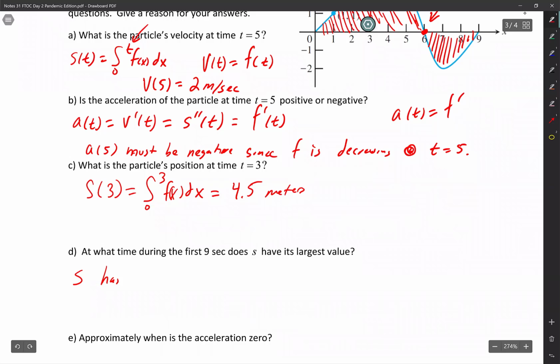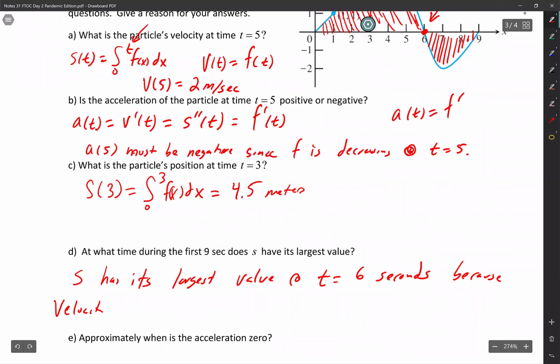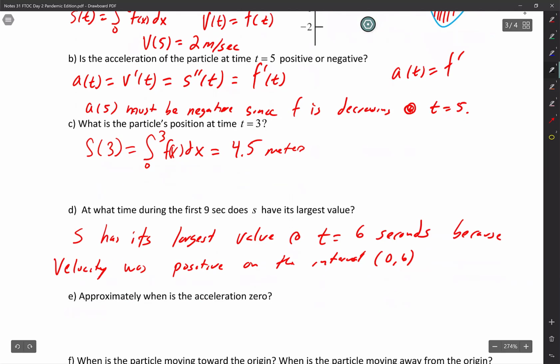S has its largest value at t equals 6 seconds because velocity was positive on the interval 0 to 6, meaning it was going right, and I'll put that in parentheses, meaning going right.